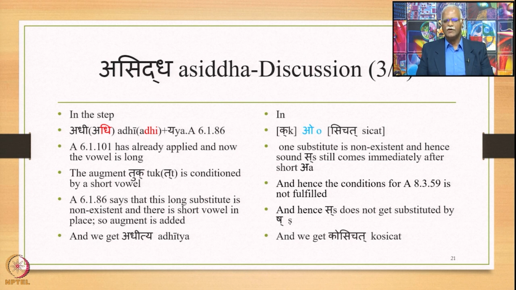In kosichat, one substitute is non-existent and hence sound sa still comes immediately after short a, and hence the conditions for 8359 are not fulfilled, and hence sa does not get substituted by sh and we get the desired form kosichat.